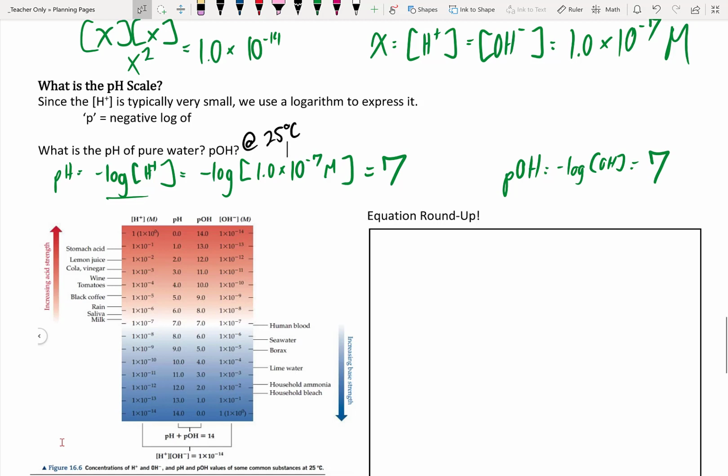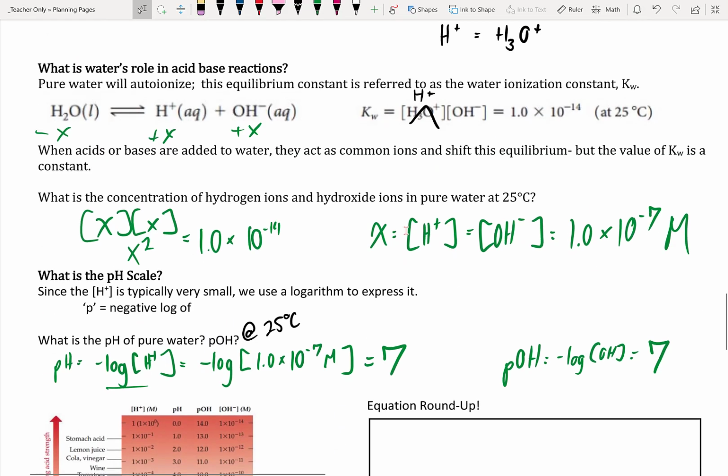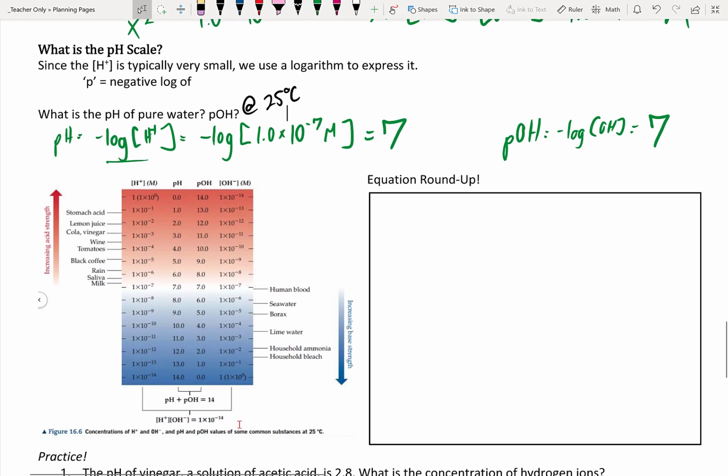Now, mathematically, these ideas have a lot of power, both this one and this one. So much so that we're able to develop all of the equations around them. So let me start with the basic ones that are on your equation sheet. On your equation sheet, you do have Kw as being H plus times OH minus, equal to 1.0 times 10 to the negative 14.